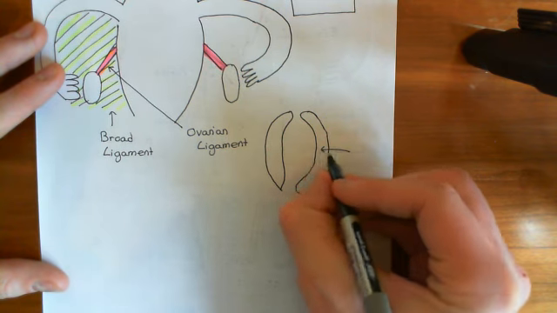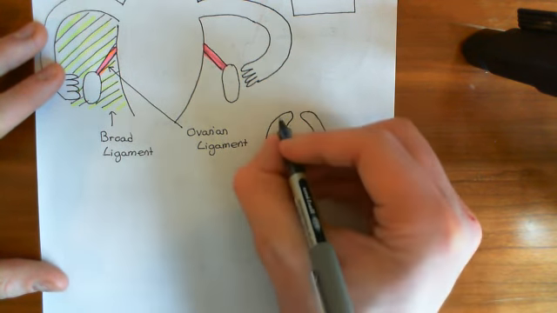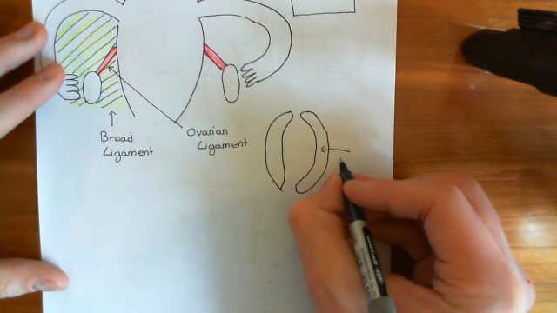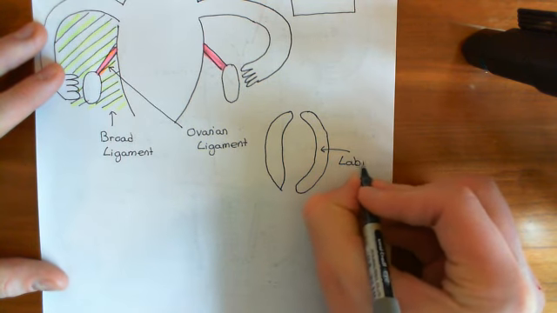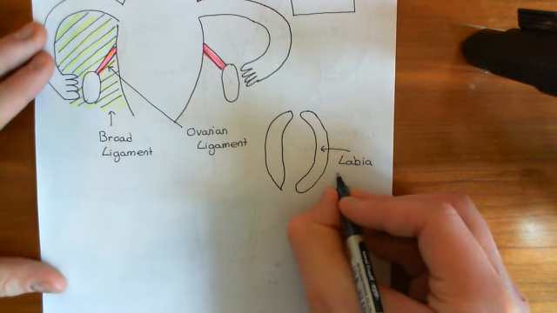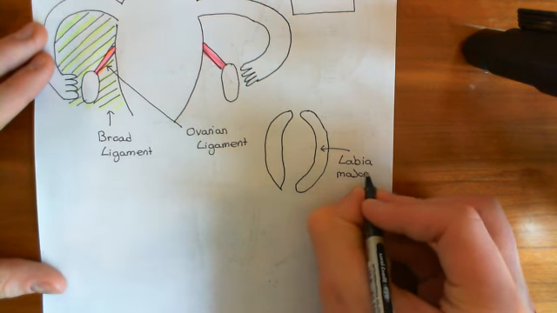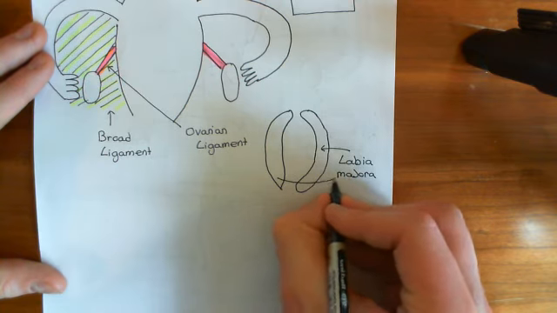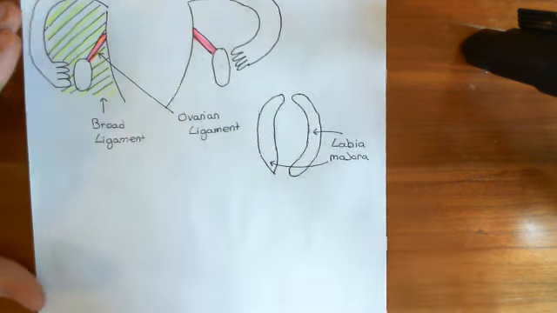So here is the left labia majora, and this is the right labia majora. So these are the labia. Well, actually, the singular would be labium, but labia is the plural, so these are the labia majora. I suppose I should probably have the arrows going to both of them.